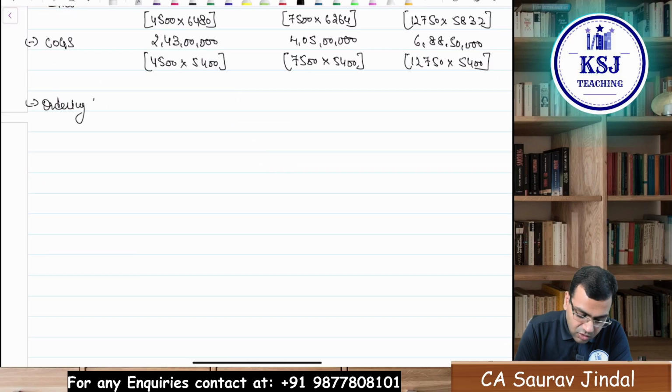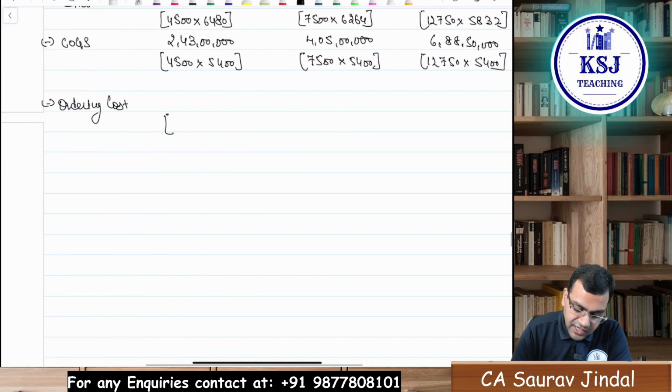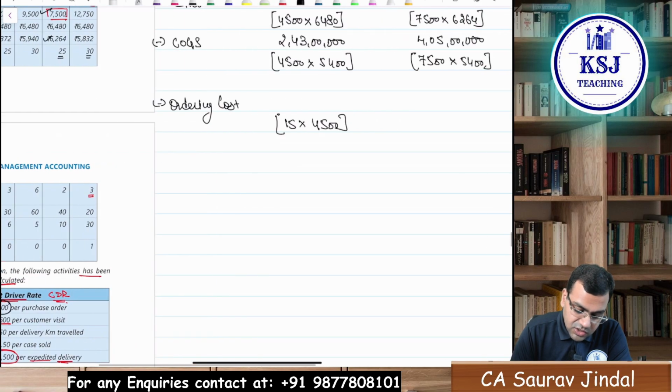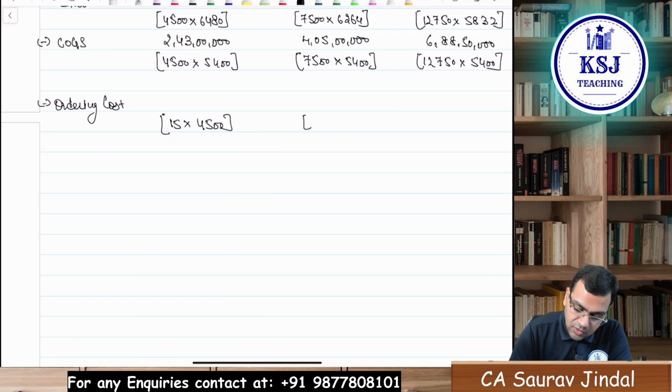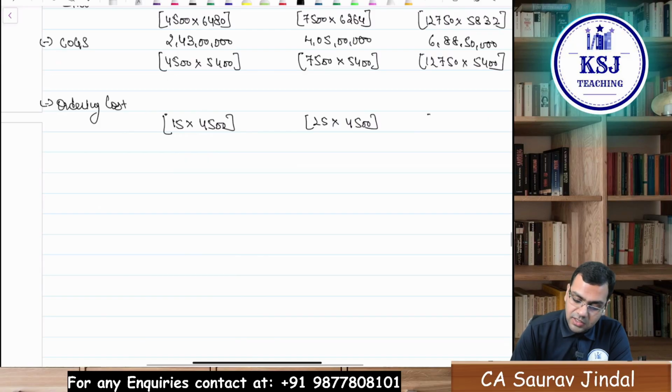So how many orders for customer A? 15 orders. For every one order, cost is 4,500. For customer D, it is 25 orders, so 25 multiplied by 4,500, and for customer E, it is 30 orders, so 30 multiplied by 4,500.